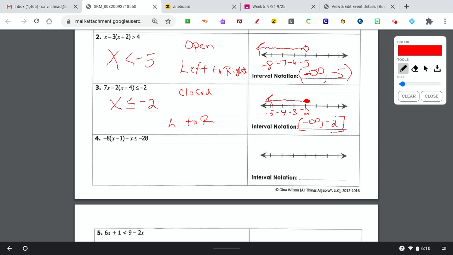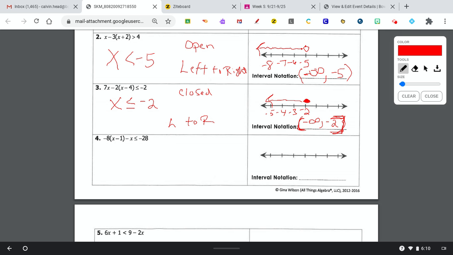Okay, so make sure you make that a bracket. All right, so we got parentheses here. It's curved, bracket, make it sharp. Okay, and that's our interval notation.